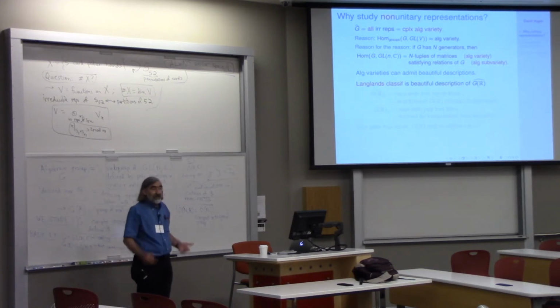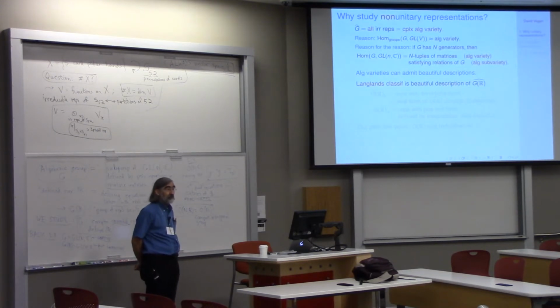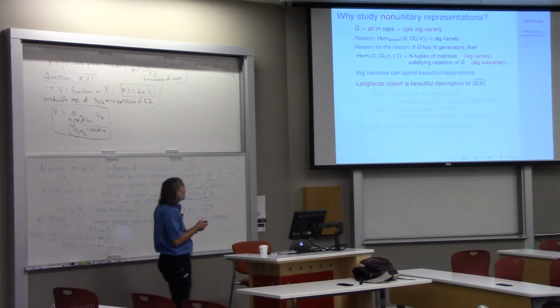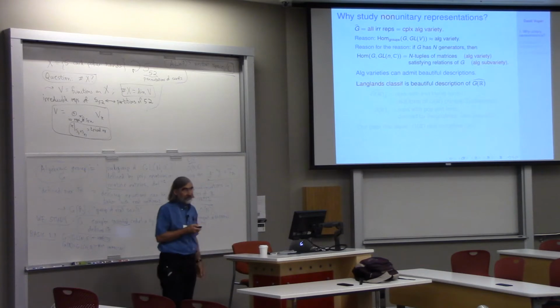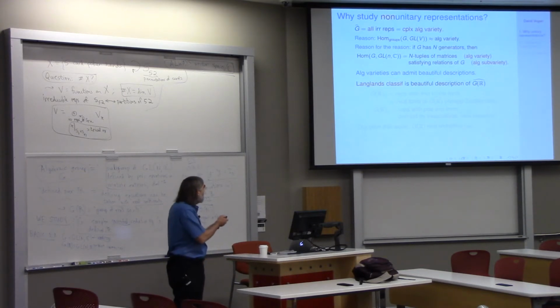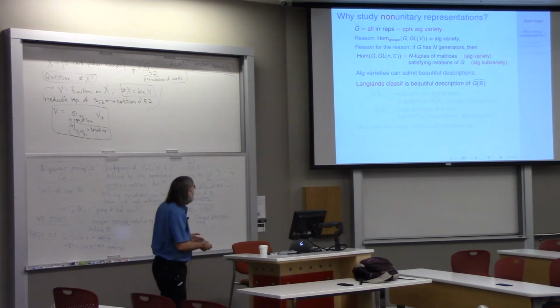Can I ask a question? Yes, absolutely. So this is precise if V is finite dimensional, and V can make sense if it's infinite dimensional? It's imprecise even if V is finite dimensional, because the groups we're interested in are not finitely generated. So even this is only approximately a reason.